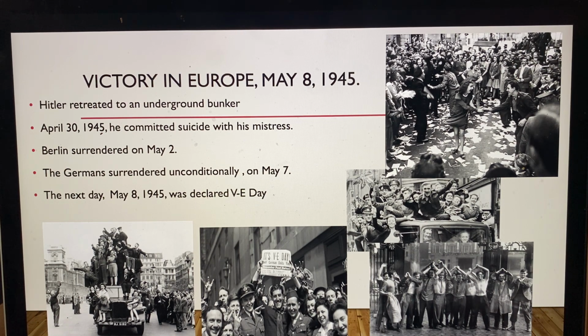But now they could look to the hope of the future. We're not going to be attacked by this dictator, this despot that wanted to rule the world. So, victory in Europe.